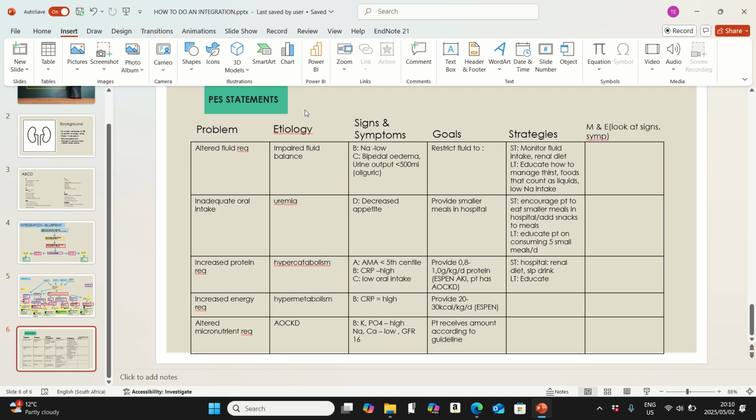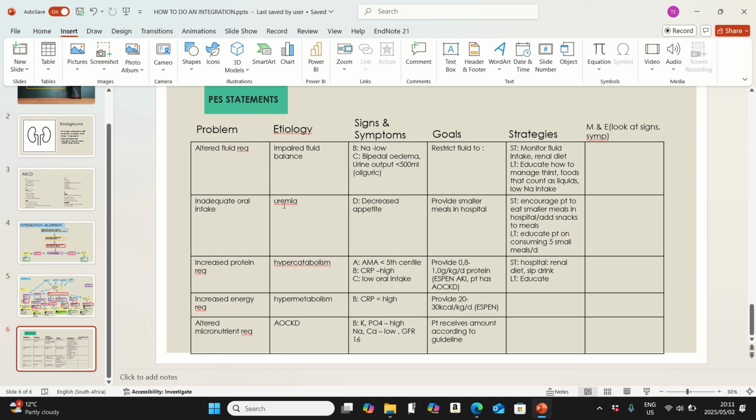So if you have a good integration and it's fully filled out with a lot of detail, you simply don't have to think that much for the next few sections of your NCR because everything is on there.